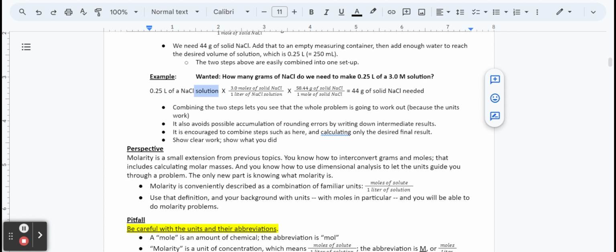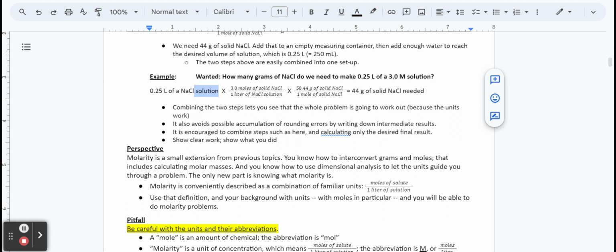Then we're going to use the molar mass of sodium chloride, so 58.44 grams of solid sodium chloride, and our moles would cancel out, and we would need to add about 44 grams of solid sodium chloride to get to the volume and the molarity that I'm looking for.